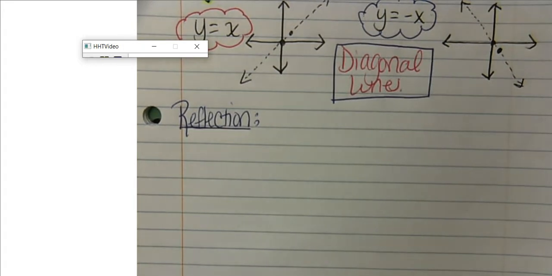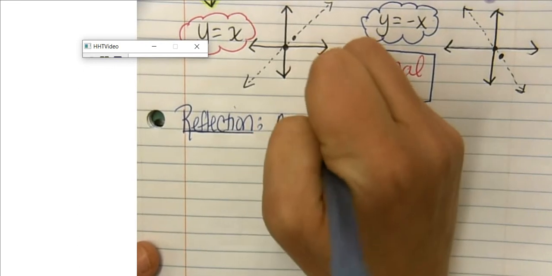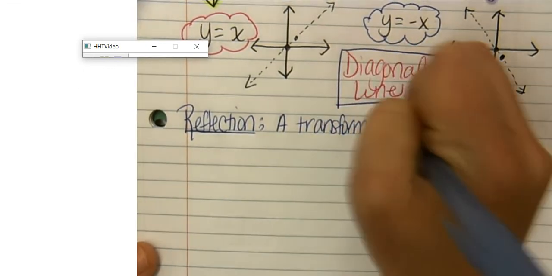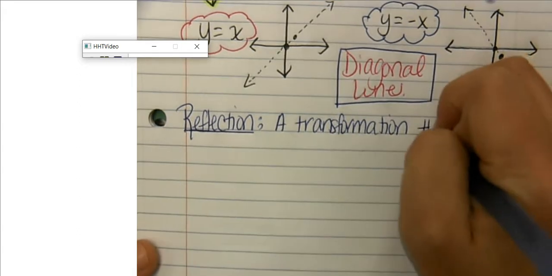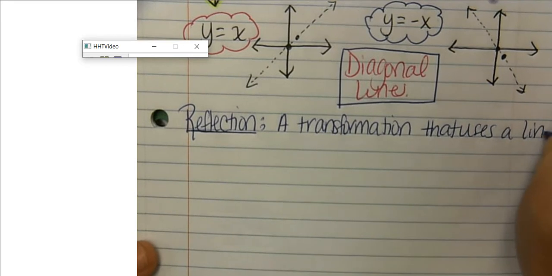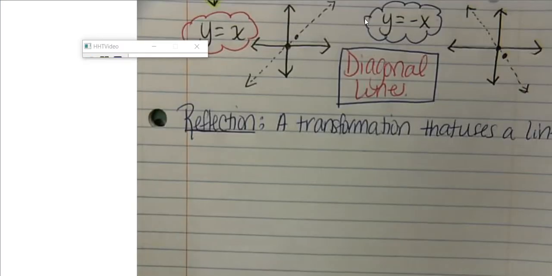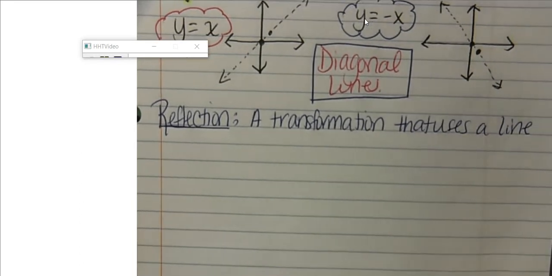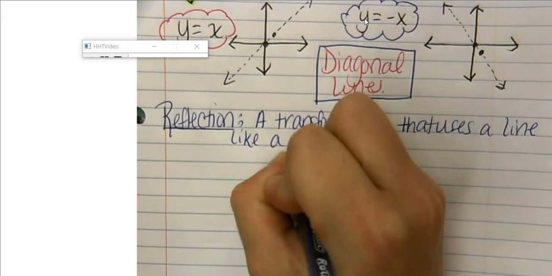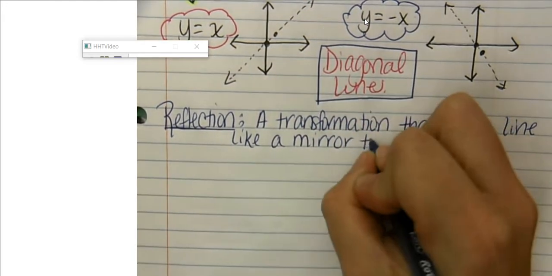ourselves. And so a reflection is simply a transformation that uses a line like a mirror to reflect a figure.